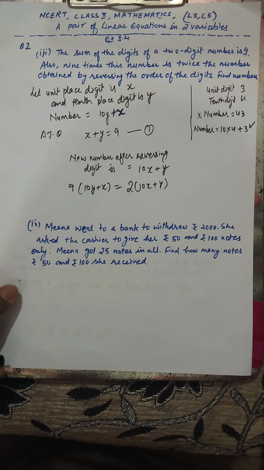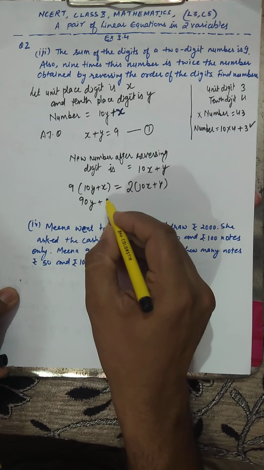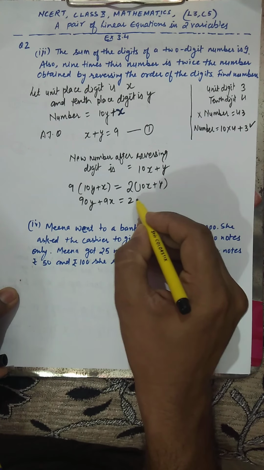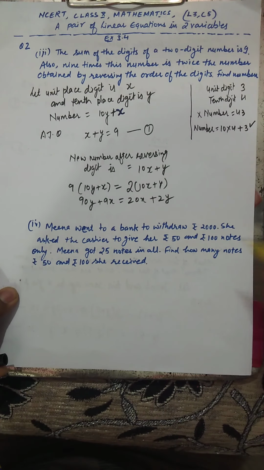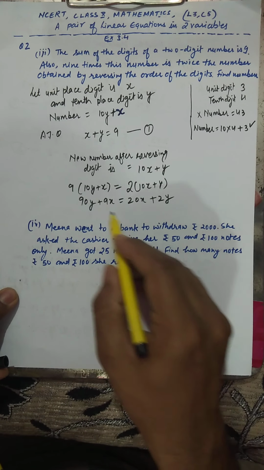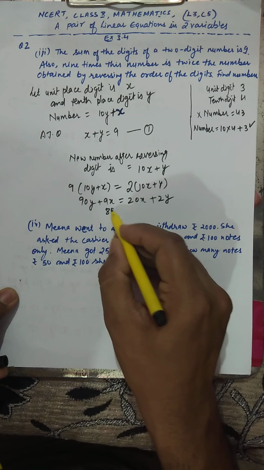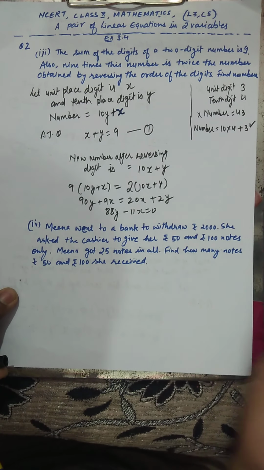So now we have got this relation. We will simplify this. This is 90y, this is 9x, this is 20x, and this is 2y. How you simplify is up to you. This becomes 88y minus 11x equal to 0.